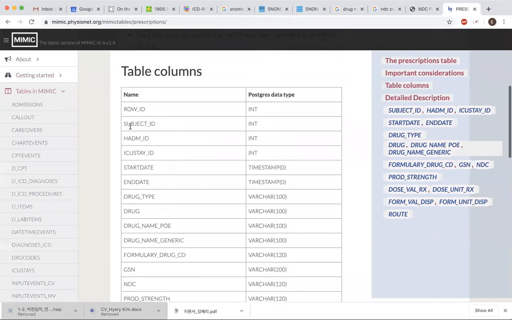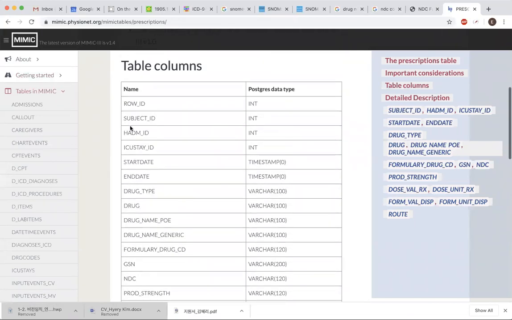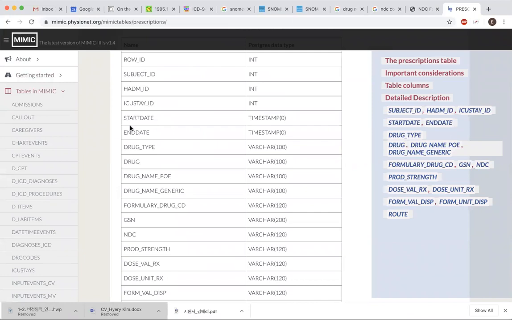In the previous assignment number 2, we were using drug only, but there are different ways to represent each drug or each medication. One is GSN, the other is NDC.